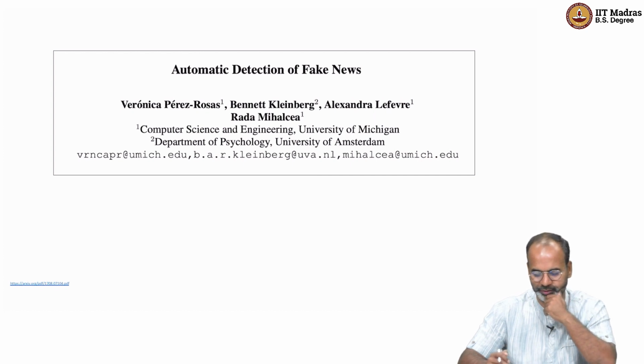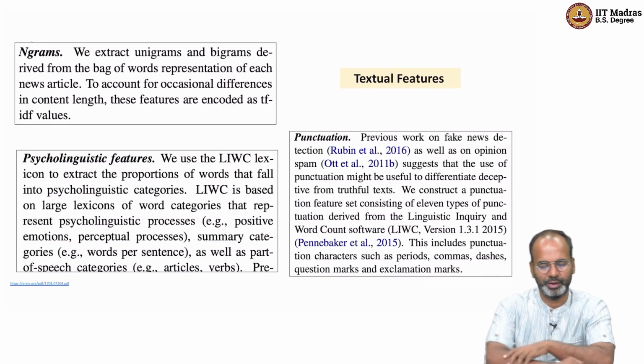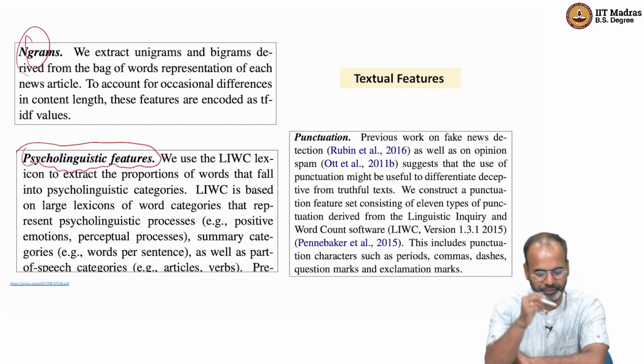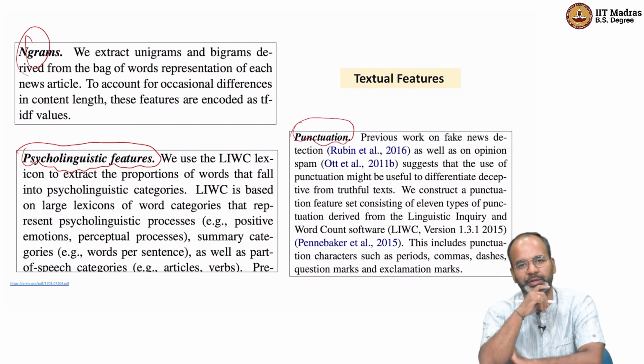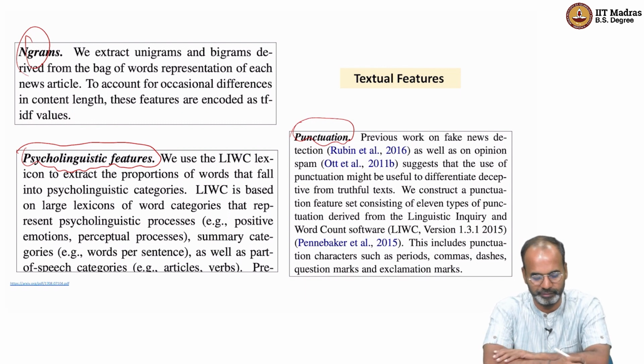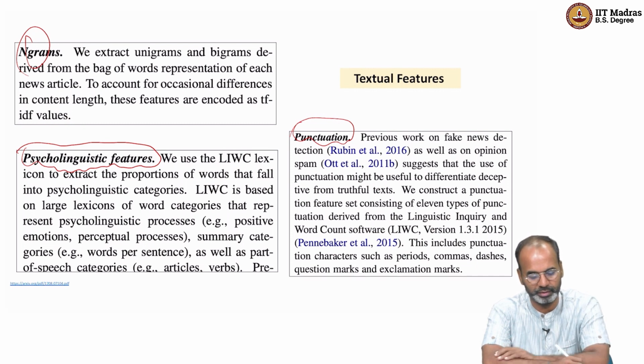Automatic detection of fake news is another work where, again, text is being used. They look at n-grams, psycholinguistic features, and punctuation, all of which are used to find whether the content is real or fake. In n-grams, we extract unigrams and bigrams derived from the bag of words representation of each news article.